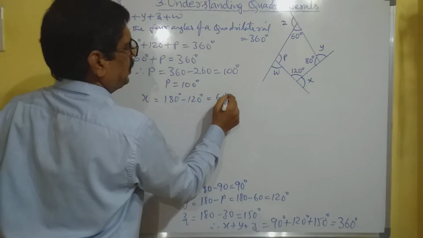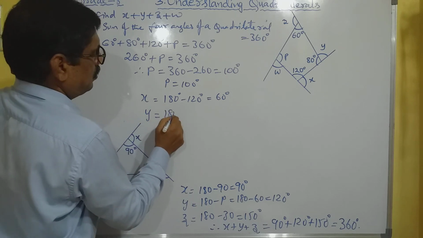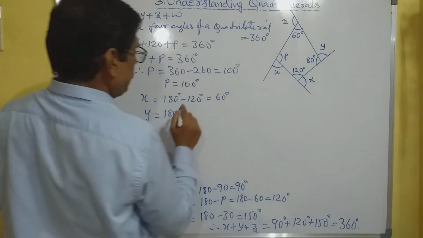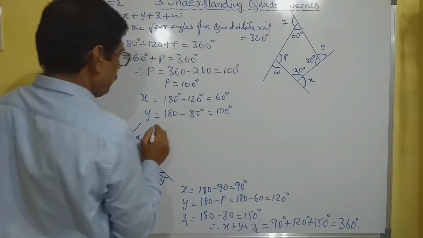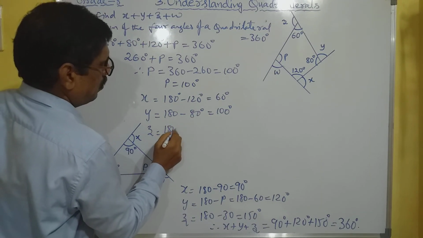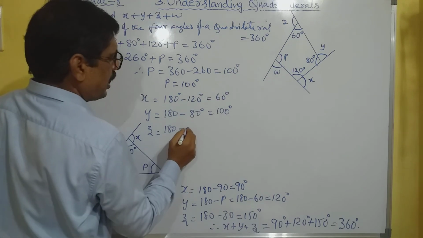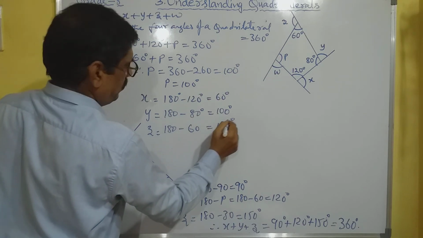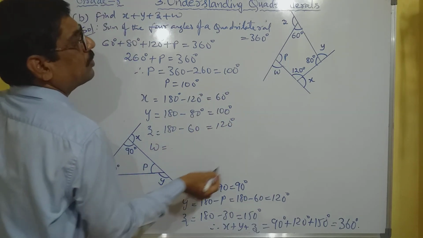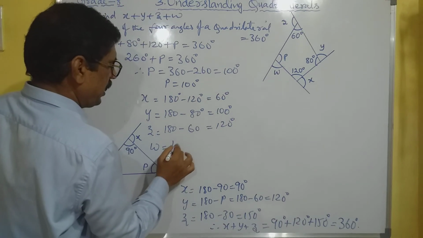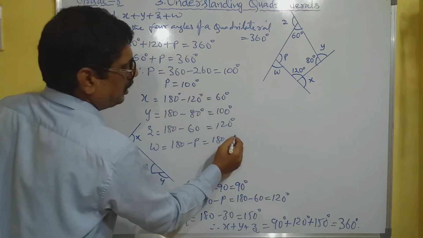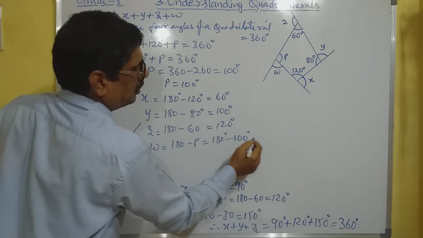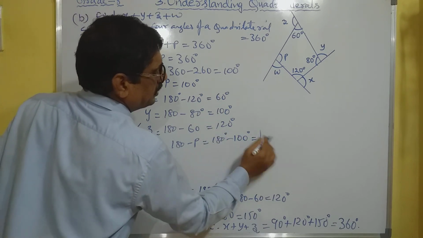That is equal to 60. y is equal to 180 minus 80, which is 100 degrees. z is equal to 180 minus the interior angle 60, which is 120 degrees, and w is equal to 180 minus P. That is 180 minus the P value we already found, that is 80 degrees.